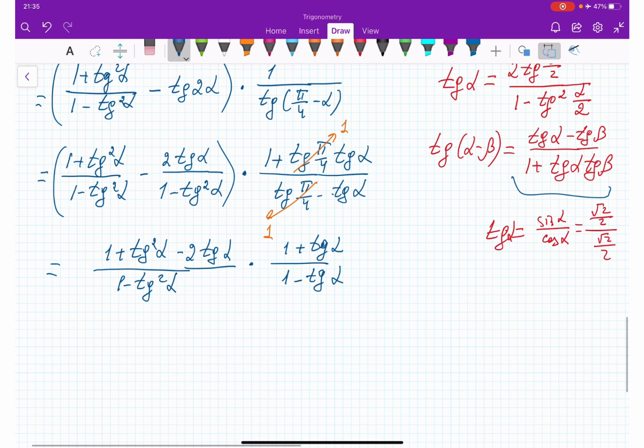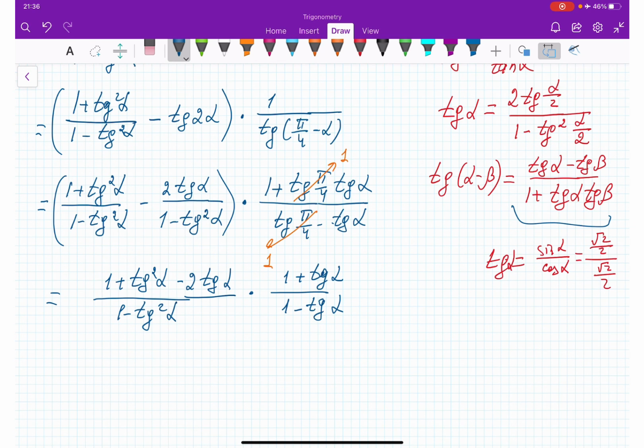Okay, so from here, what is it going to be? Let's do drafting, so as not to mix up with formulas. So 1 plus tangent squared alpha minus 2 tangent alpha.